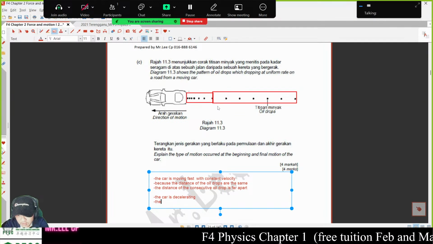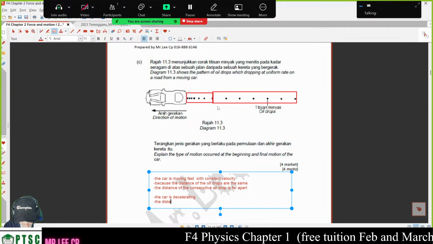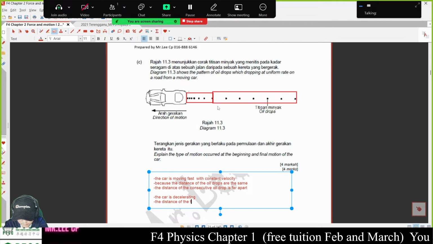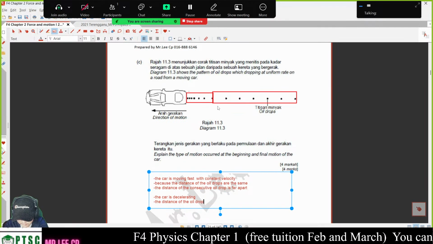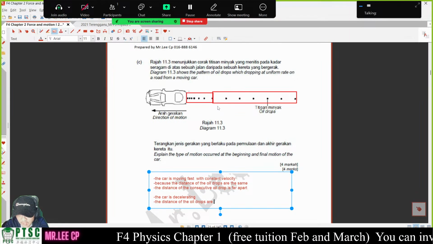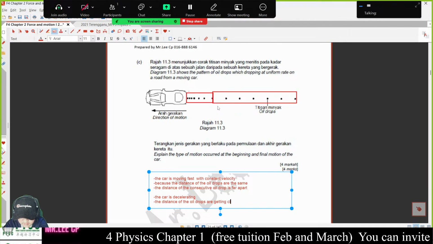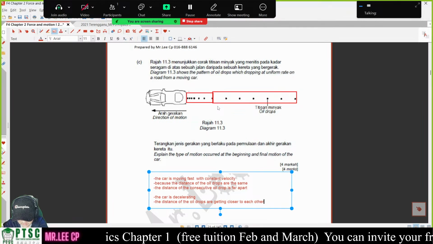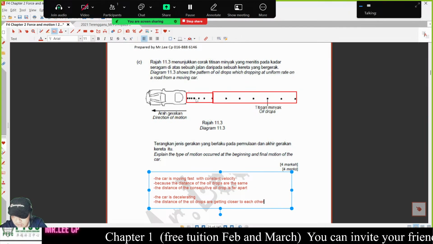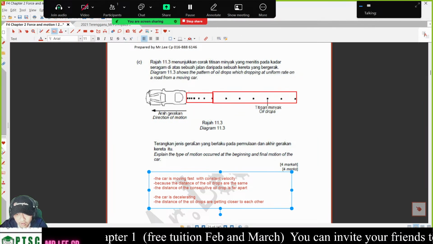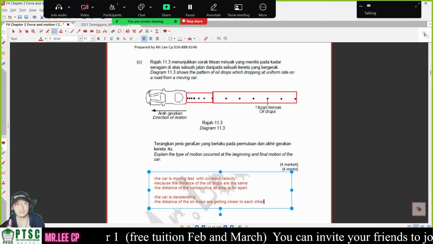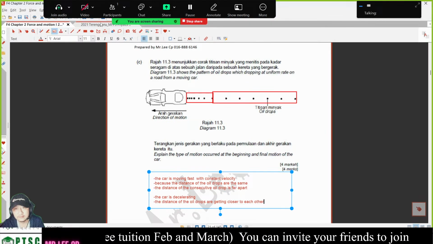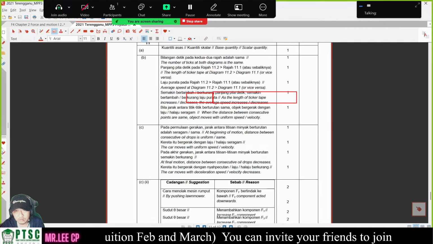So the distances of the oil drops are getting closer to each other, right? Getting closer and closer and closer, or the distance shorter. You can say distance shorter, no problem. All right, so we see how they answer.